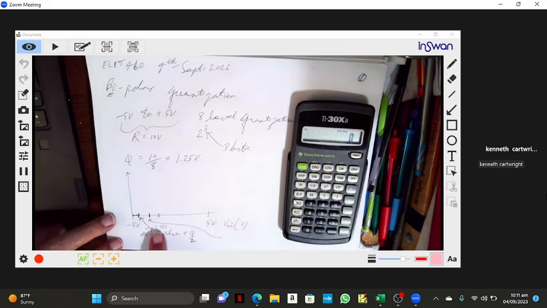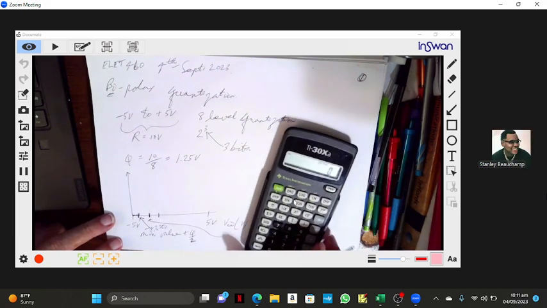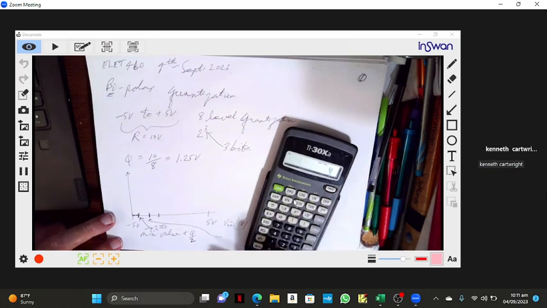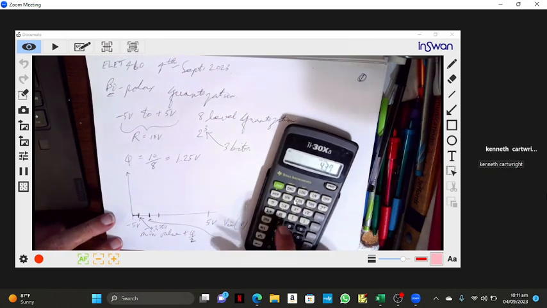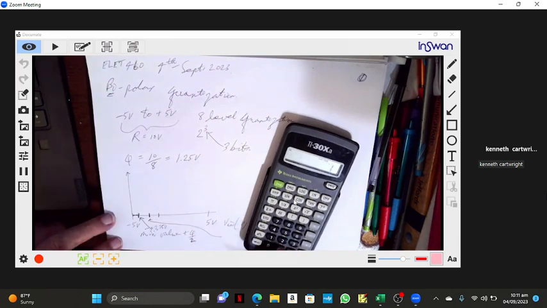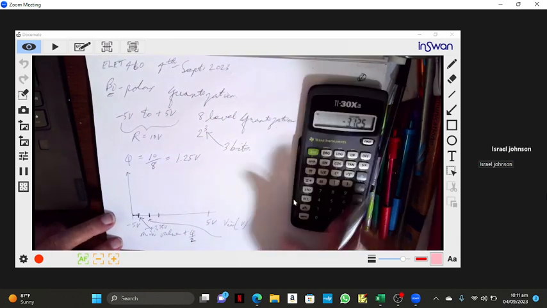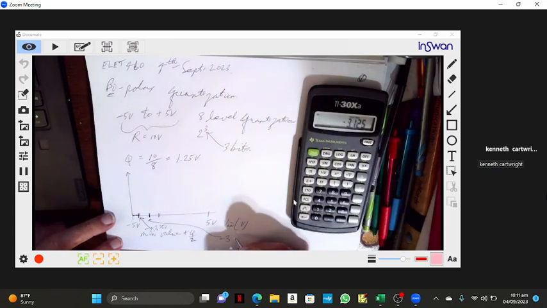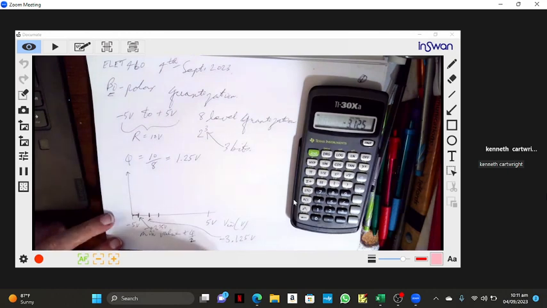Negative 4.375 plus Q, 1.25. That'd be negative 3.125. I don't know why y'all can't use your calculator.